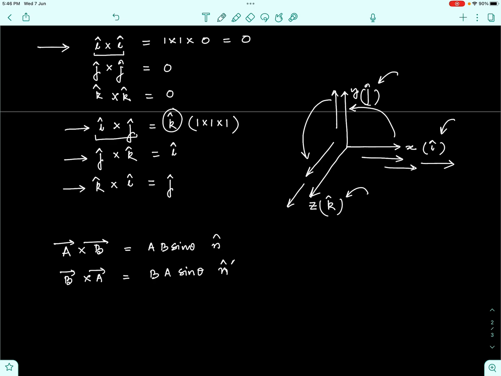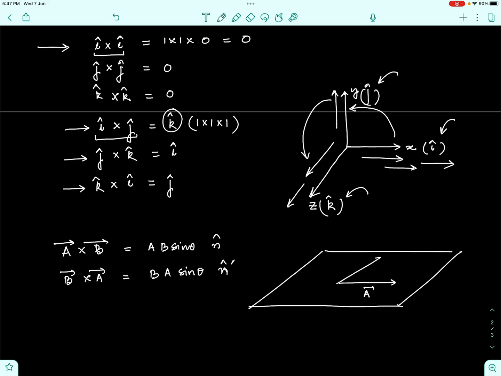Let us see what happens to the direction of B cross A. Taking the same example that we have taken above, when we have vector A like this and vector B like this and we do A cross B, we will be curling our fingers from vector A to vector B and the direction of n cap will come out like this in the upward direction.